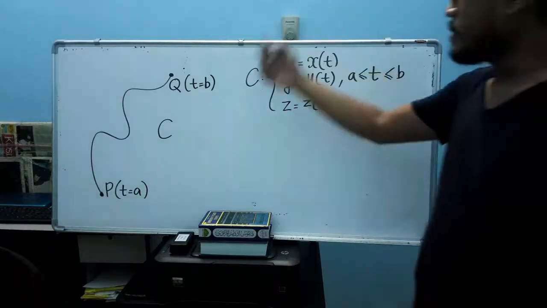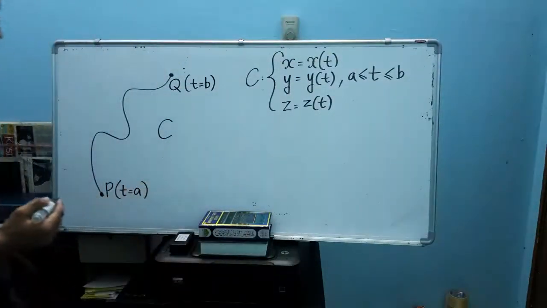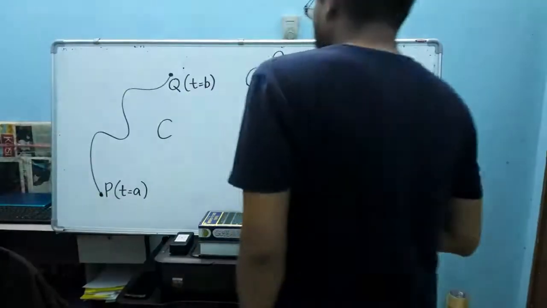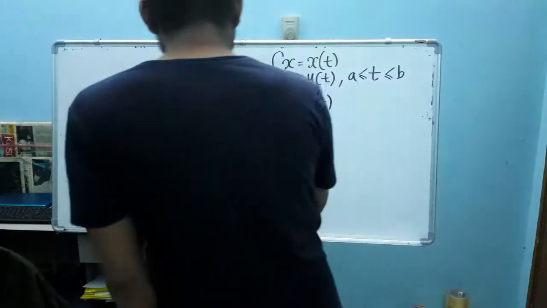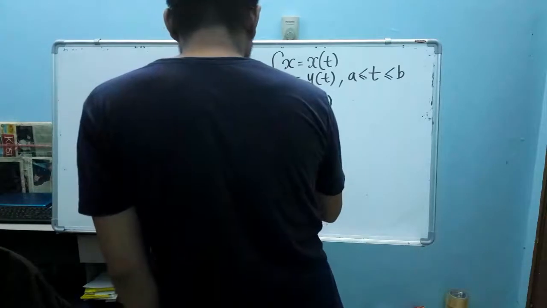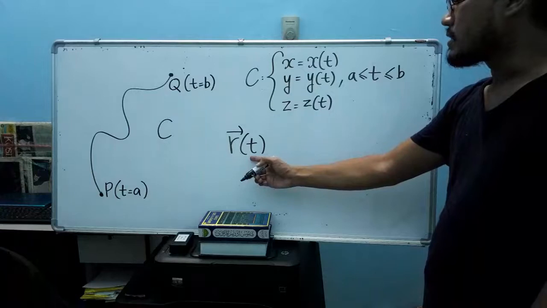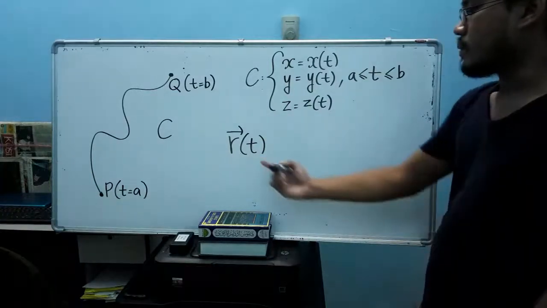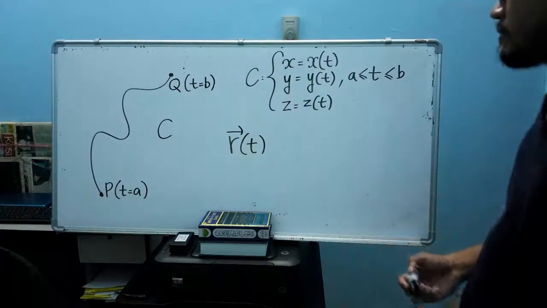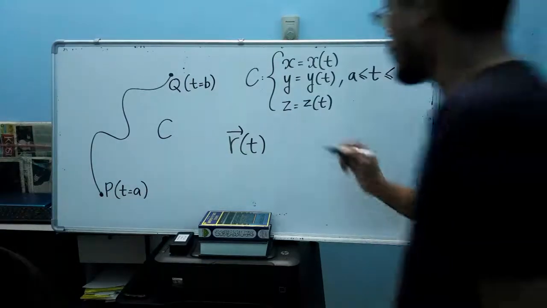Then, after we find the parametric equation of C, we can define a vector valued function on C. What is a vector valued function? It means we can define our r(t), which will be in vector form. So we have an i component, j component, and also k component.